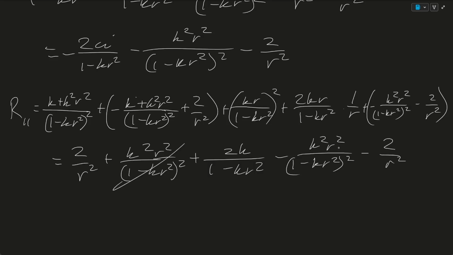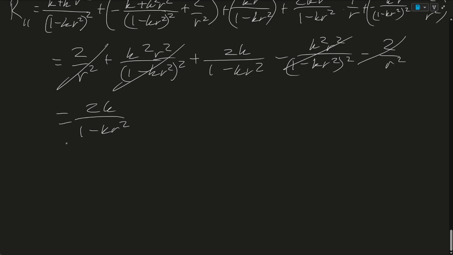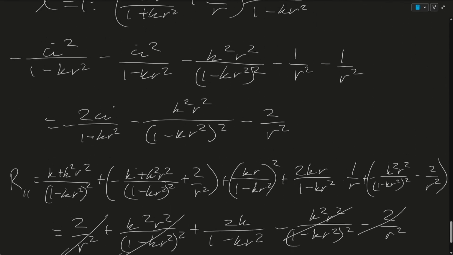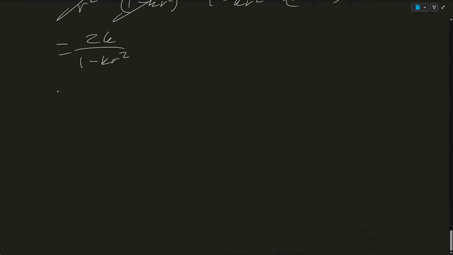So cancel, cancel, cancel, cancel, which is 2k over 1 minus kr squared. And then the time-dependent bits are entirely separate, and that's not so bad.